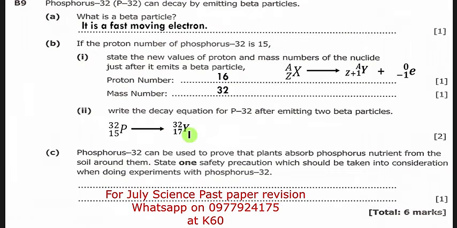Now here it will be 17 because one decay gets it to 16, another decay gets it to 17. The mass number is 32. Then plus 2 electrons or 2 beta particles which will be emitted because it has emitted 2 of them. So you put 2 of them there. So this is how it is going to be.